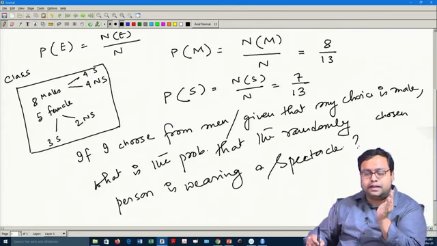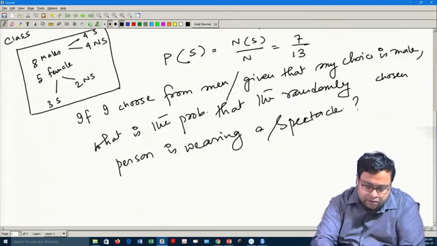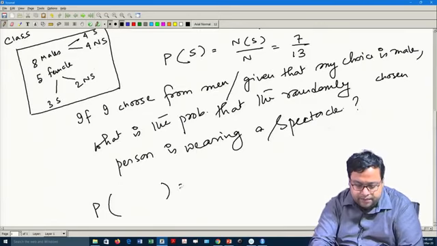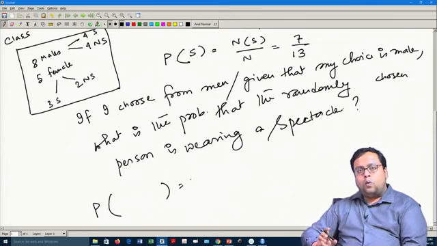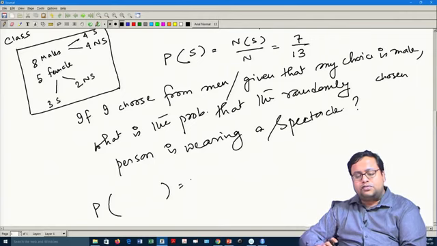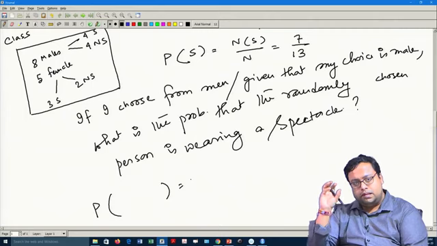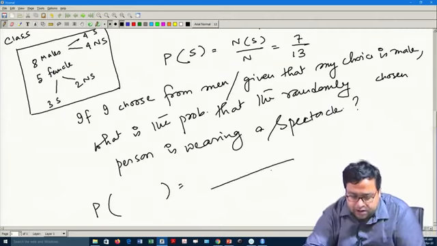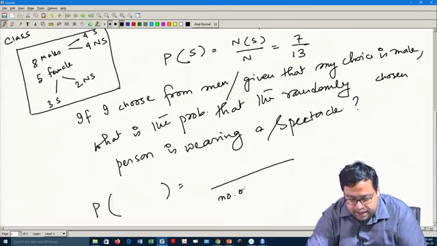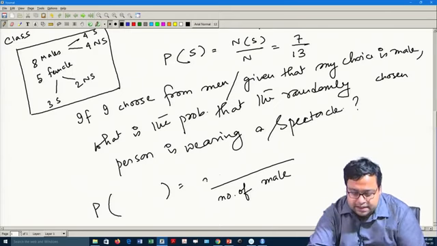If I choose from males, that means the total number of unique possible cases is basically the number of males, and he has to wear spectacles, meaning the number of males wearing spectacles.